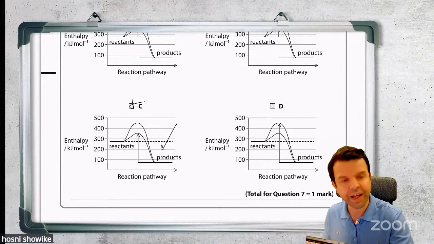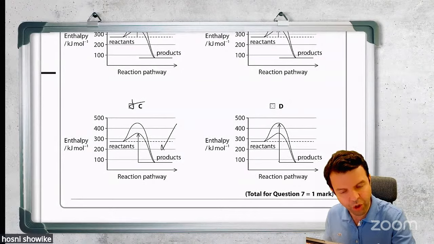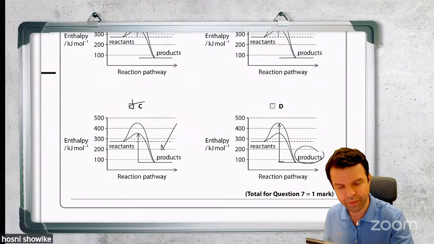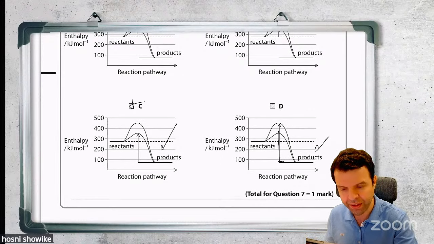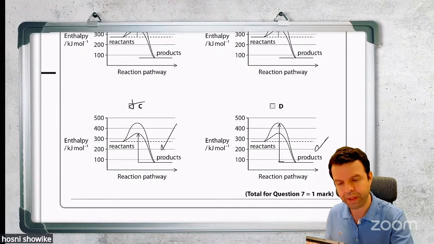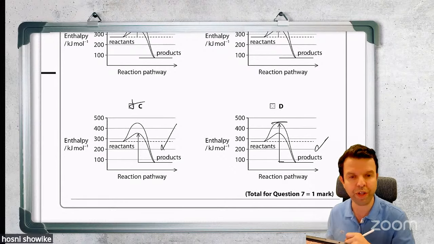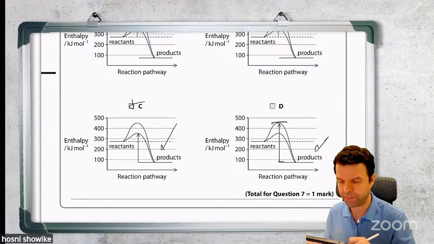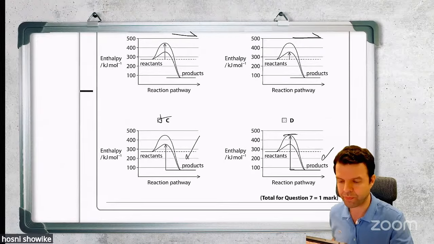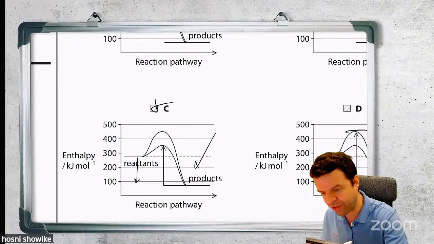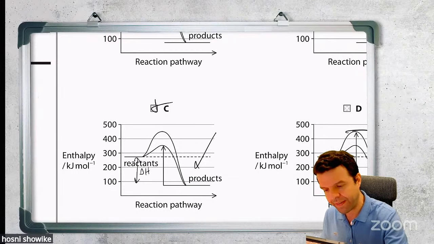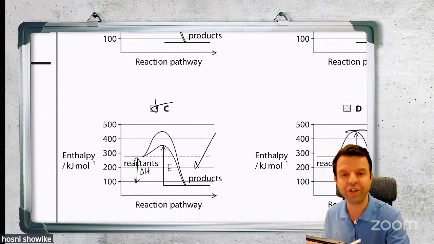Again, the delta H is always the difference in energy between my reactant, in this case it is going to be products because we're going backward, and the top or the highest amount of energy. So that is delta H. Let me show you where delta H is here. That's delta H. Okay? And this is EA, activation energy.